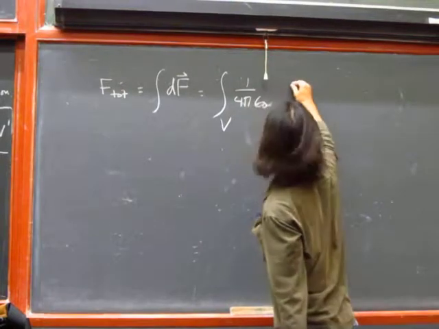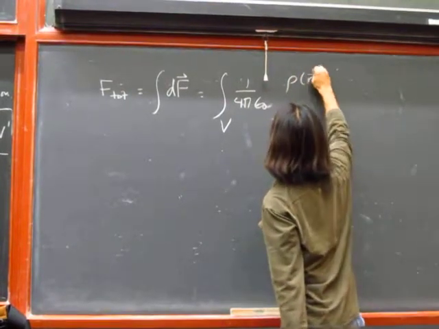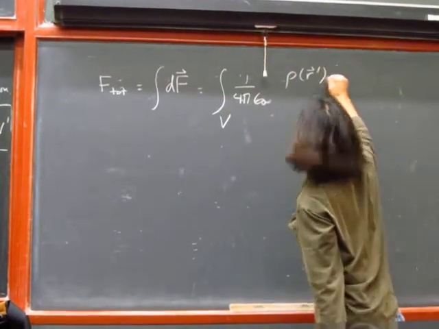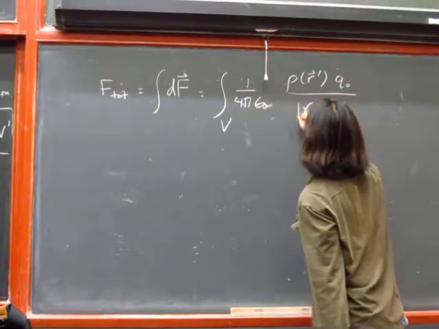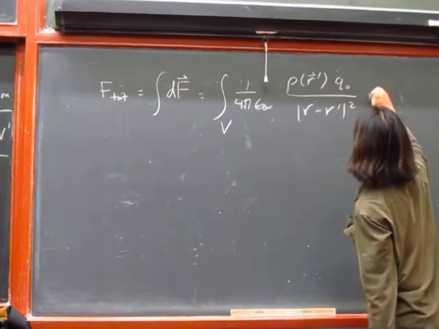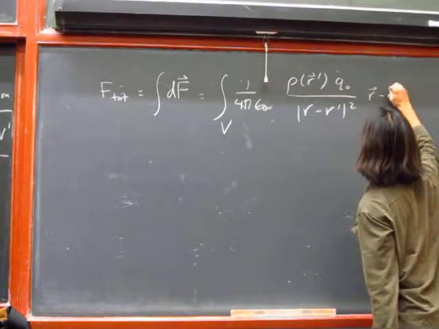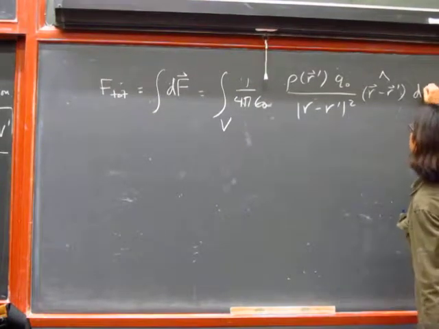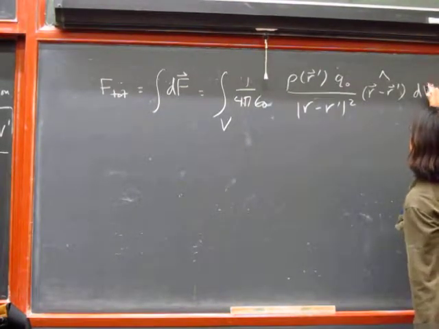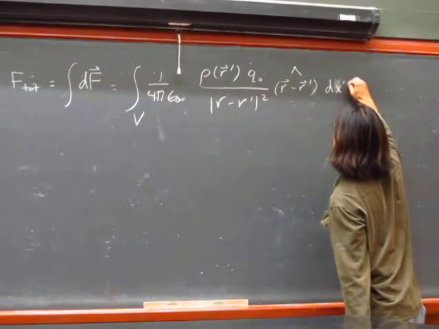And it's just rho of r prime, Q naught over |r minus r prime| squared in the direction of r minus r prime. Okay? Times dV prime. And dV prime here is just dx dy dz.